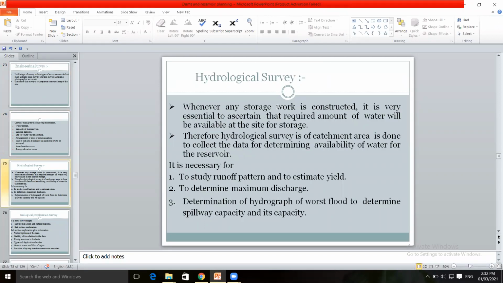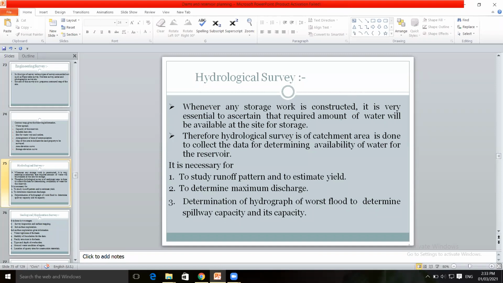Then the hydrological survey. In the hydrological survey, hydrological data is collected: how much water is available at the site for storage.